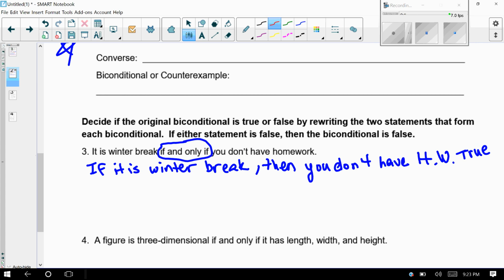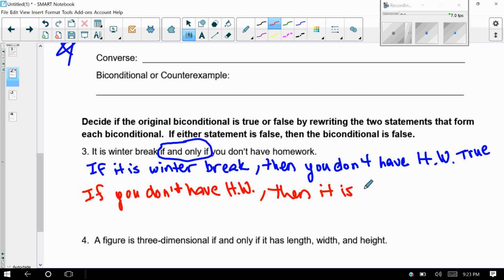Now let's look at the converse. We're going to flip it. So if you don't have homework, comma, then it has to be winter break. Is this always true? What about on the weekends? Sometimes you don't have homework on the weekends, unless you're an IB student.